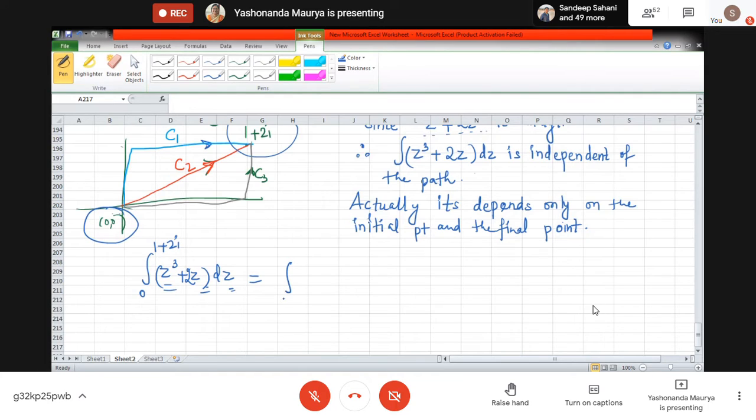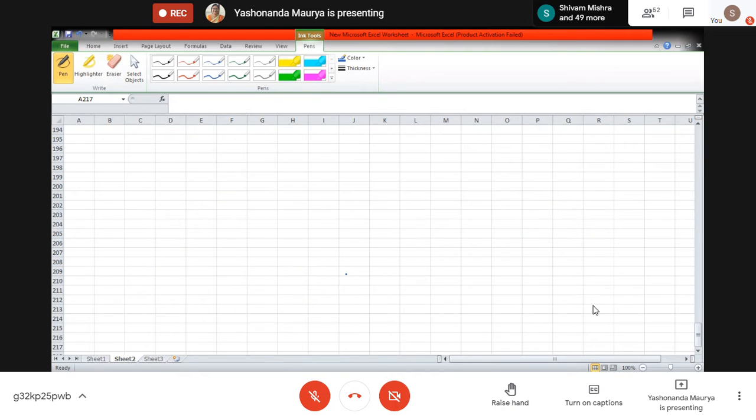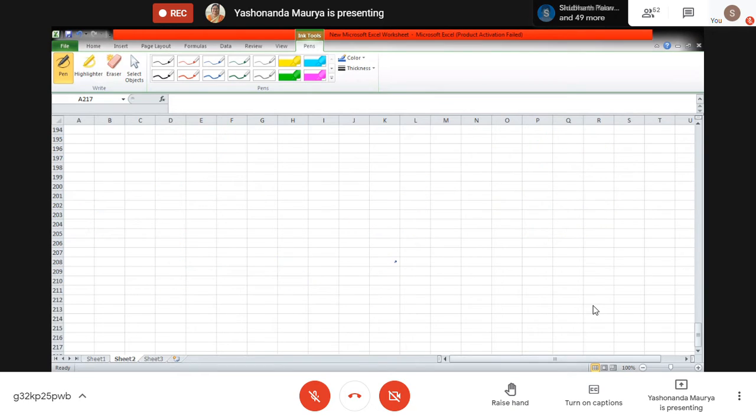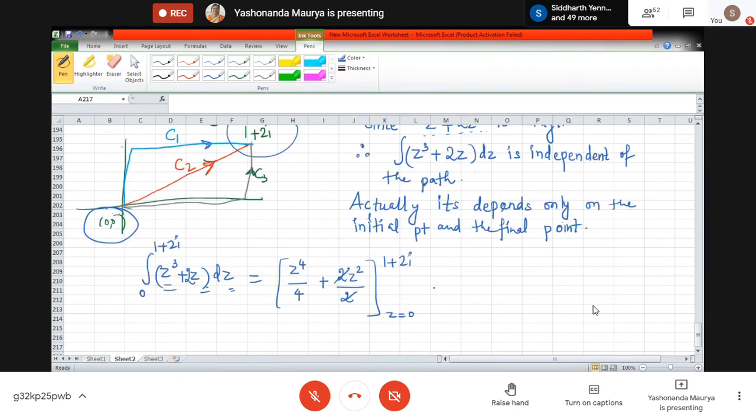So what will be the integration? The integration will be z raised to 4 divided by 4 plus 2 times z square by 2. And I can substitute the limits, z equal to 0 to 1 plus 2i.